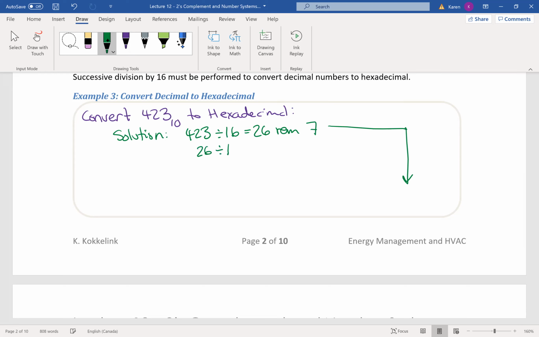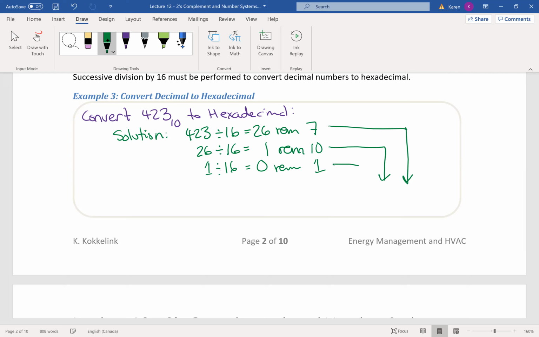If you have already learned this a different way where you are from, then feel free to use the other method. Next, 26 divided by 16 gives 1, with a remainder of 10, and then I'm going to take 1 divided by 16, which gives me 0, remainder 1.